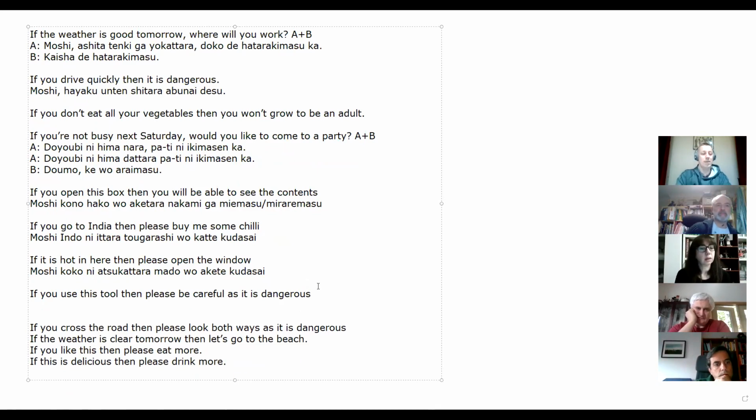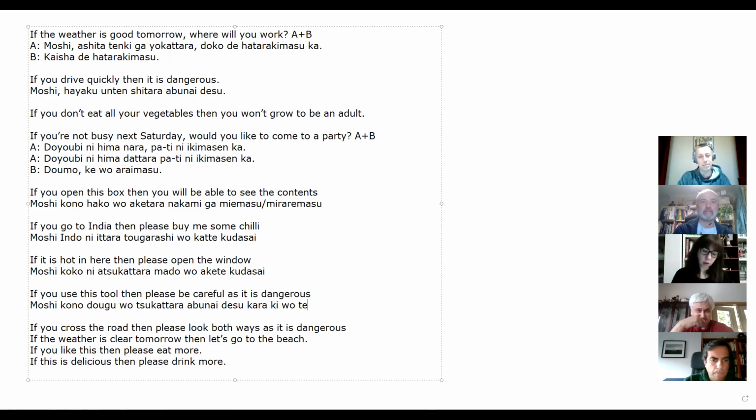If you use this tool, then please be careful as it is dangerous. この道具を使ったら、 Yeah, この道具。 もしこの道具を You did say it correctly before. 使ったら, yes. 気をつけて。危ないです。危ないですから。 Yep. 気をつけてください。 Exactly. 気をつけてください。 But, Nazca, this is a trap.